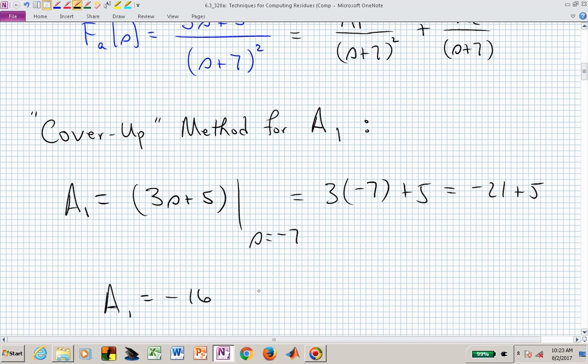That was (s plus 7) squared times F sub a of s, all evaluated at s equal to minus 7.